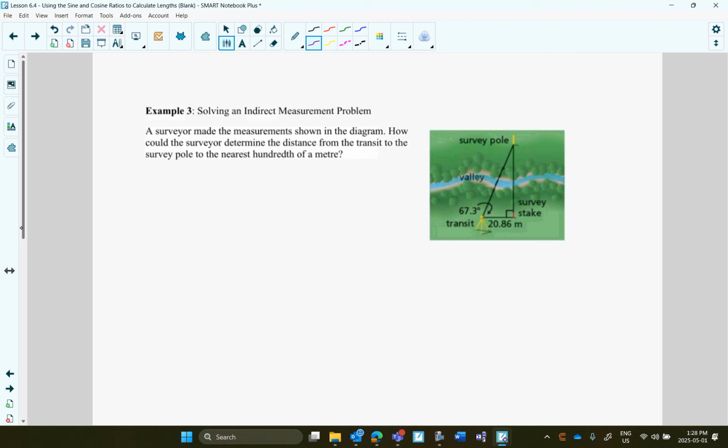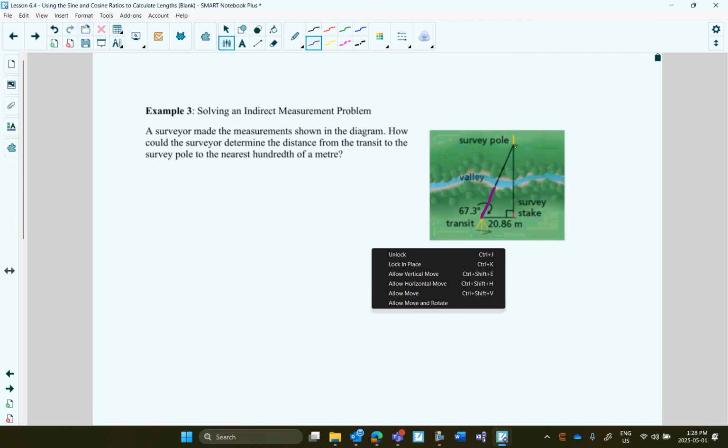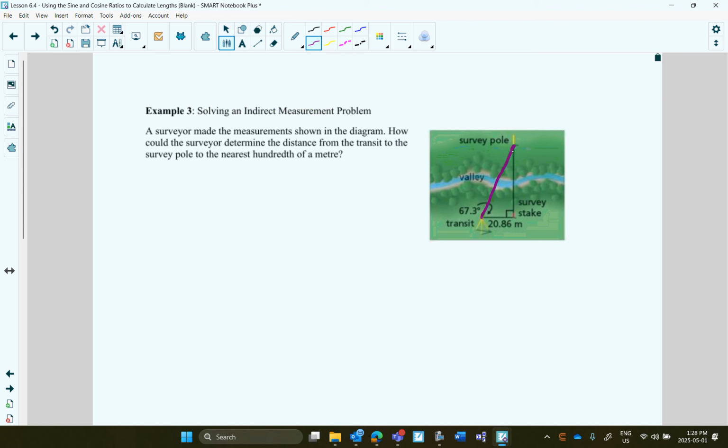Now they've got enough to calculate. What's the missing length we're trying to find? This or this? The distance from the transit to the survey pole. Which one of those goes from the transit to the survey pole? Yeah, the hypotenuse, the transit to the survey pole. So this is our, let's call it little d for distance.